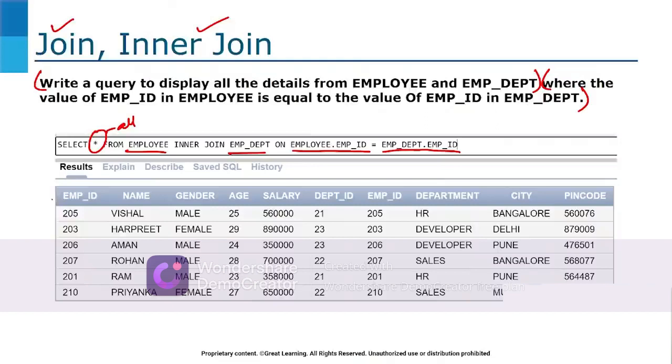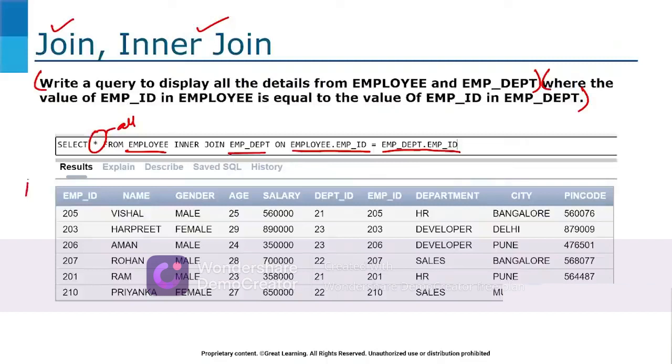Can you see? Employee ID, name, gender, age, salary. These all 5 columns were there in the employee table. Then we have department ID, employee ID, department, city, pin code. These 5 were from the employee department table, right? Now you can observe that everything is coming here. That means we have joined the two tables.